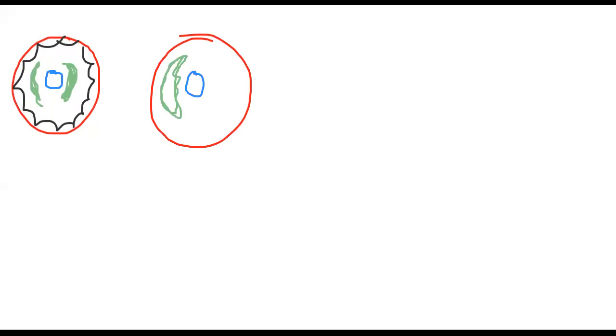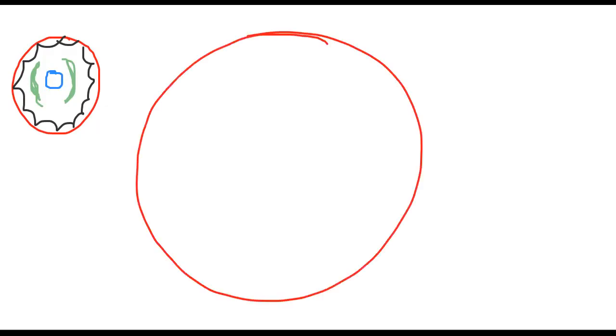Mesodermal cells divide rapidly, and if we show this a little bit bigger, it will be helpful for us, because this is the key diagram for us. So I'm going to draw this much bigger in size. That will help us go into detail.